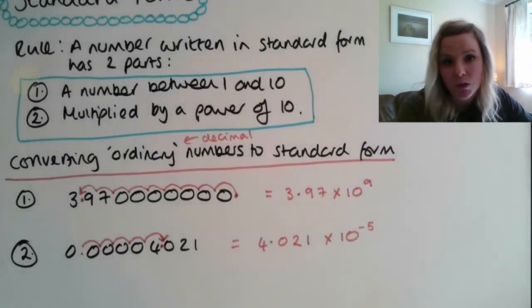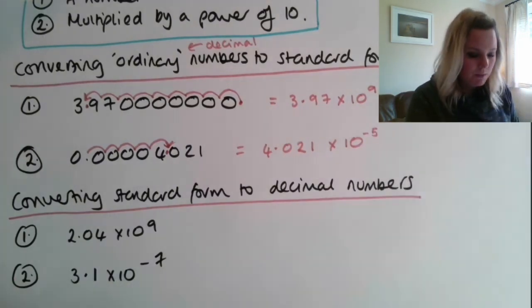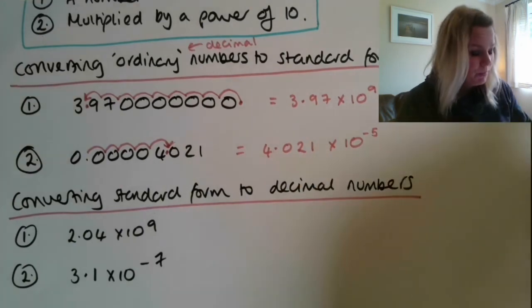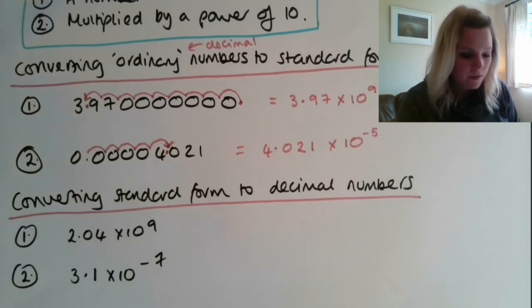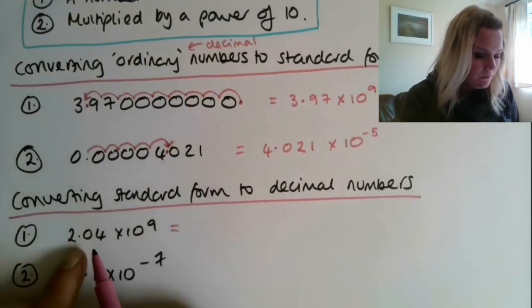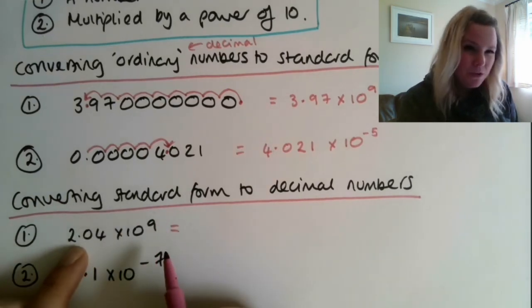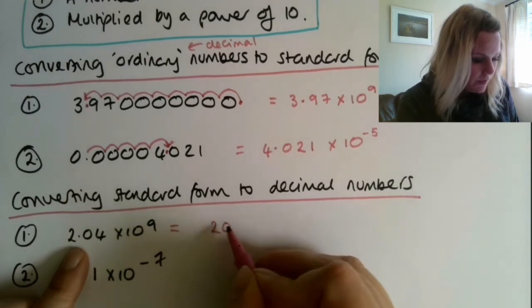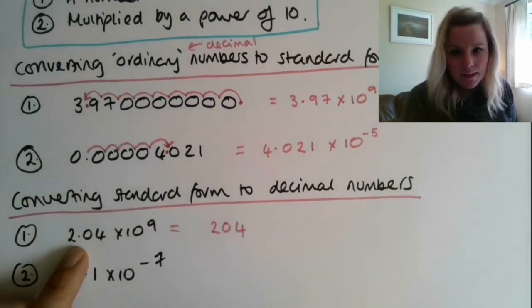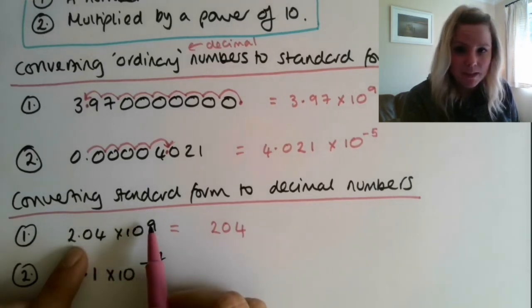Okay, so let's now look going the other way around, converting standard form into decimal numbers. So we just have to do the opposite thing. We look at the power and we move the decimal point that many places. So for this one here, 2.04 times 10 to the 9, I write out the 2.04 but without the decimal point in it. Okay, so 204, and then I take my decimal point from its original place and I move it 9 places.